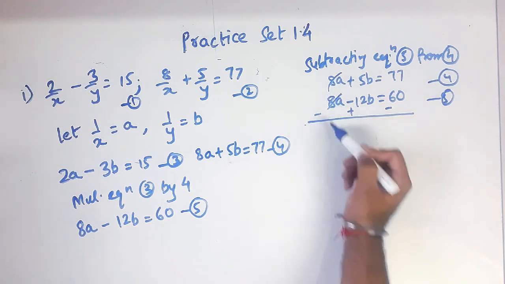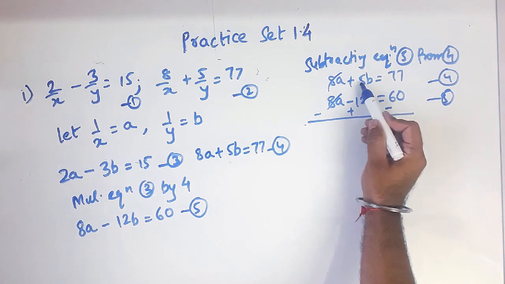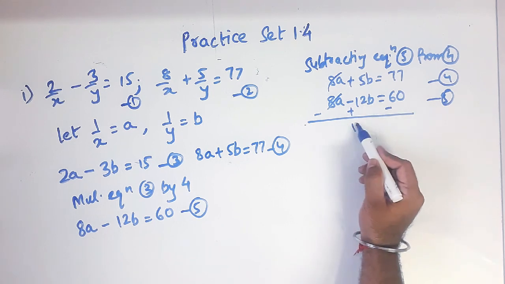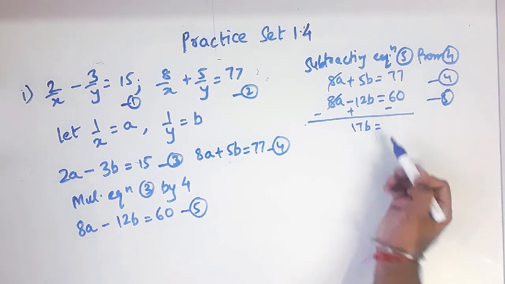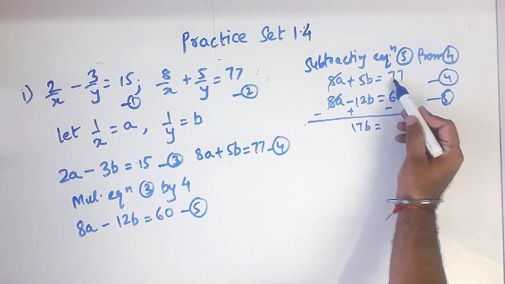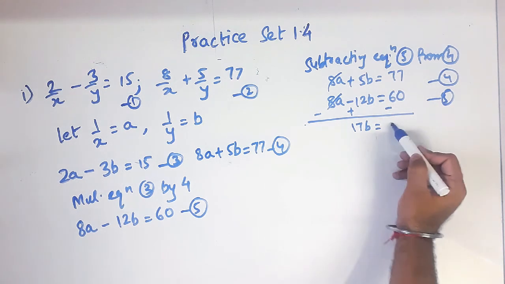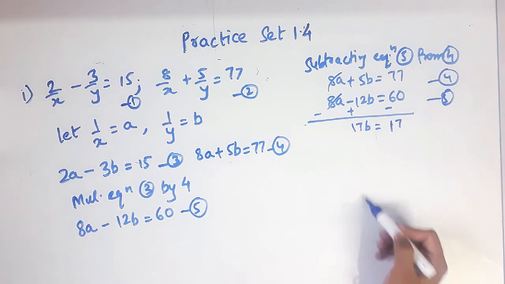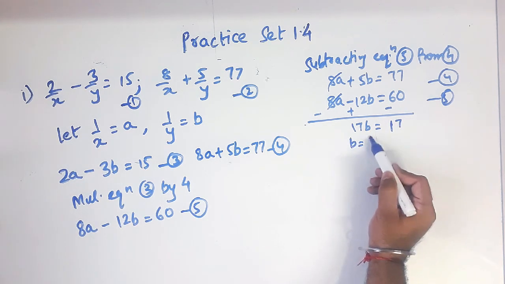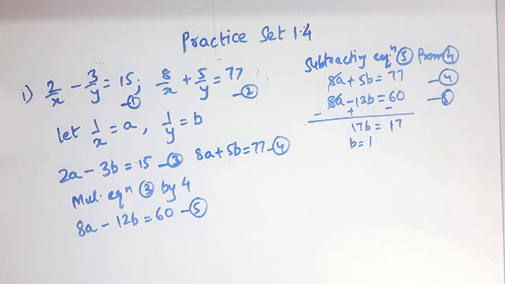So 8a minus 8a becomes 0, 5 plus 12 becomes 17b, and 77 minus 60 becomes 17. So we got b equals 1.